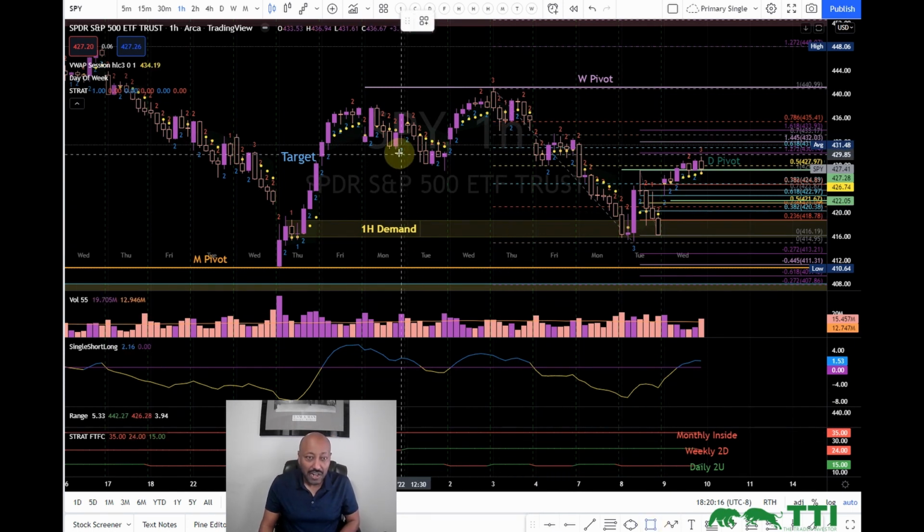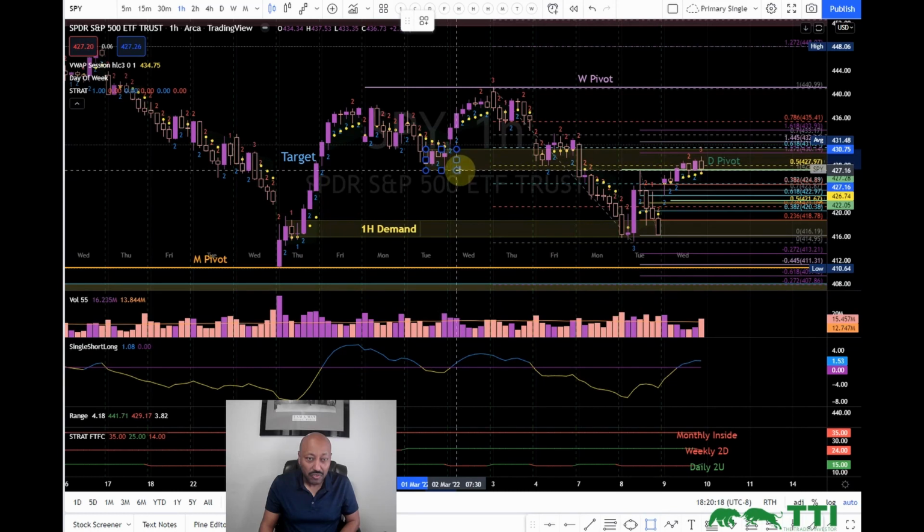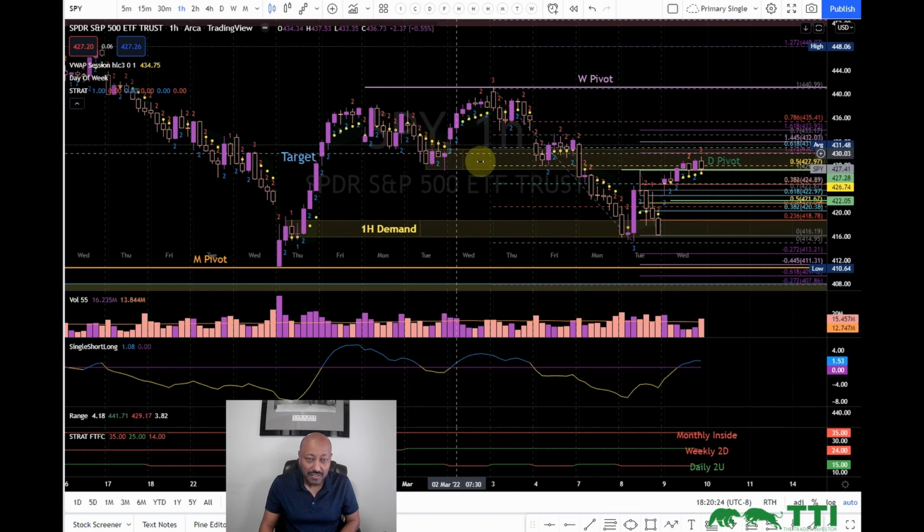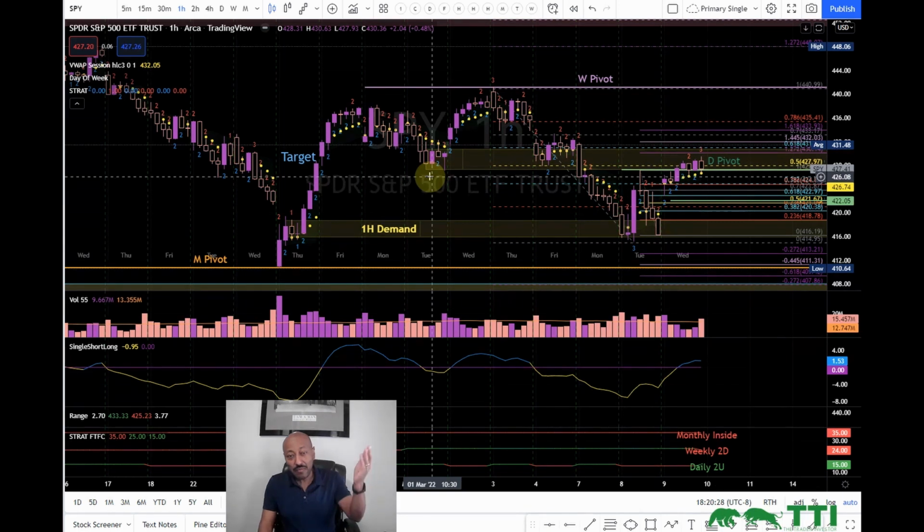Just to clarify, if you are new to demand zones, here's a consolidation on the way up when price came down and created this demand zone. How I use the demand zone is that next time price comes down there, that's my buying opportunity. A supply zone, next time price comes up there, is my selling opportunity, depending on the broader market direction.